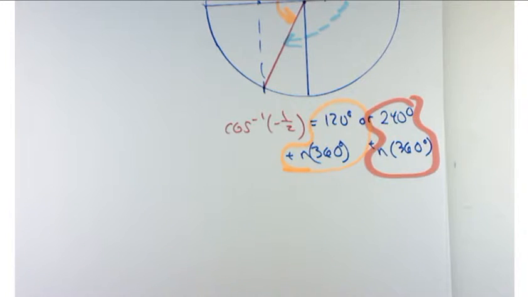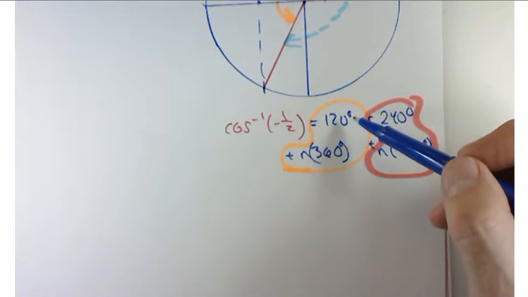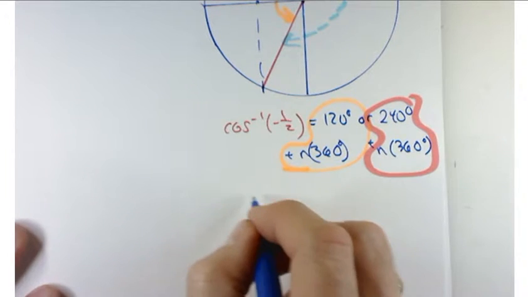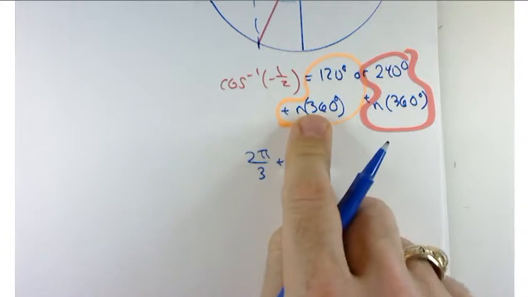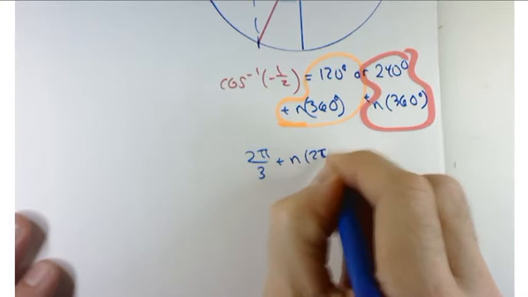Now that's great as long as you're content with something in degrees. But let's change this to radians. What's 120 degrees in radians? All right, 2 pi over 3. And instead of n times 360, what could I replace that with? N times 2 pi.